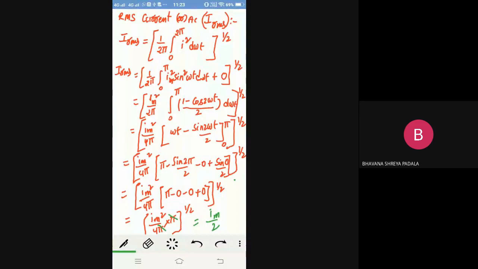So I can replace Im with Vm by Rf plus RL. All of you know that the Rf value is much less than the RL, so I can neglect Rf. So Vm by 2 RL into RL. RL gets cancelled. So VRMS equal to Vm by 2.